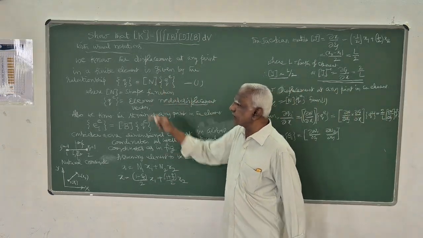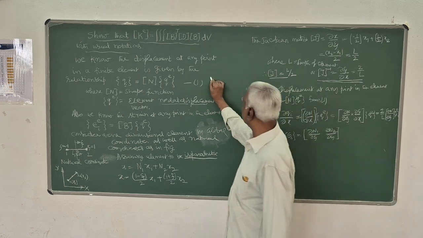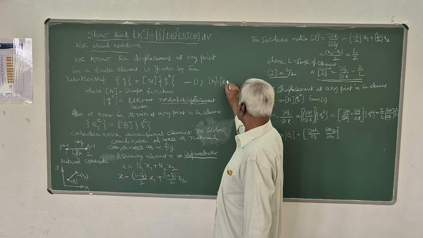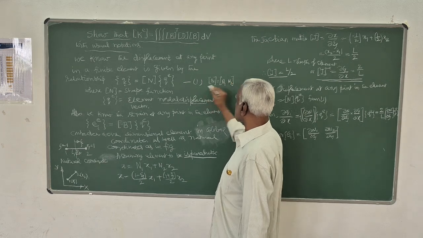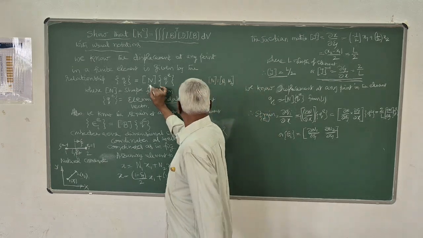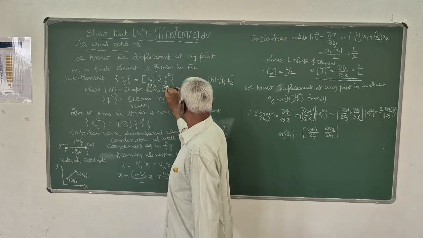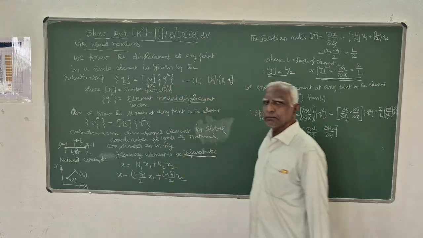Here n is nothing but n1, n2. It's a 1 by 2 matrix. This is a 2 by 1 matrix.